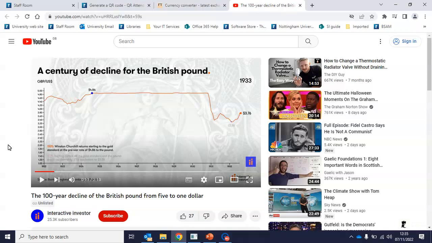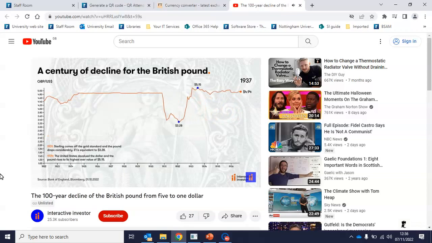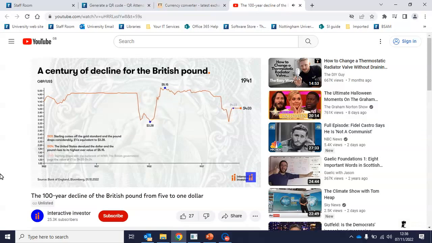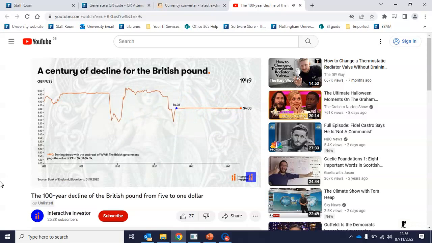So note the events and note down how the exchange rate responds to each event. These events will come as the time lapse, so you can pause it at different points and note down the events.